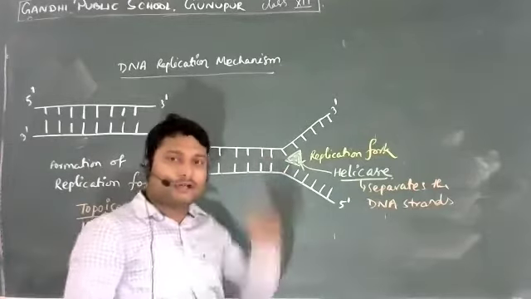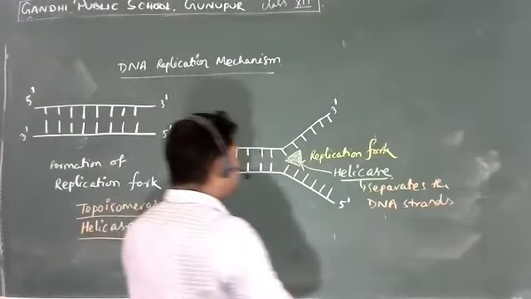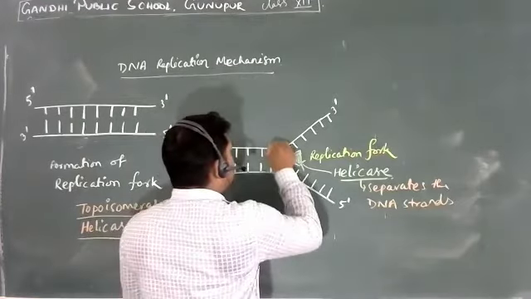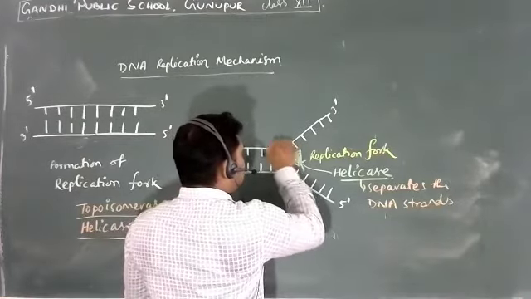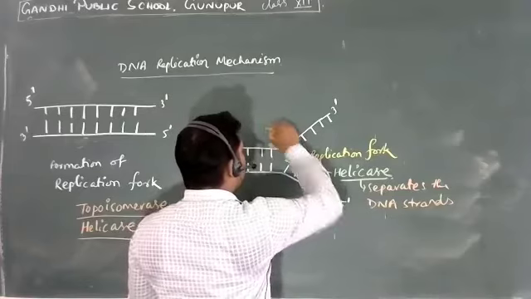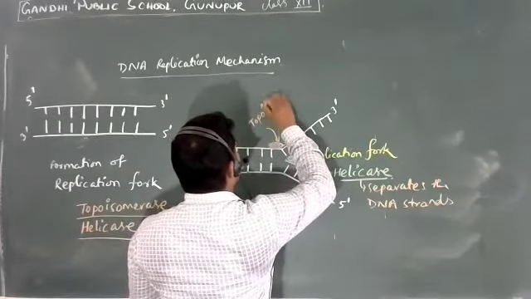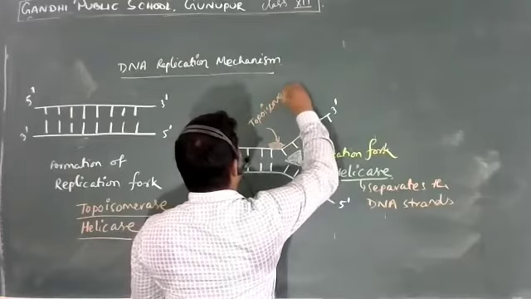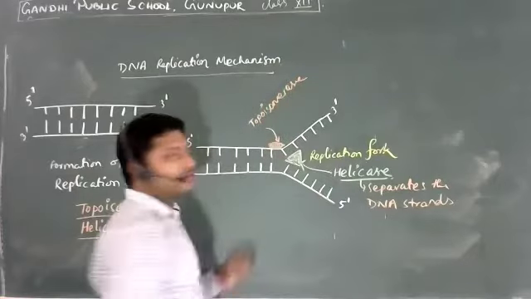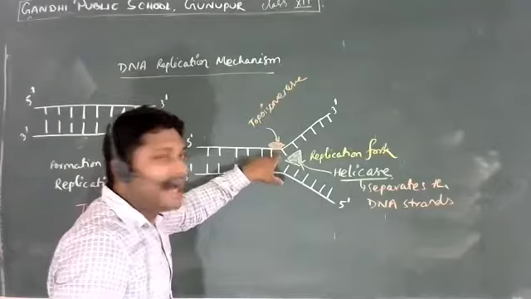To reduce the torsional strain, there is an additional enzyme called topoisomerase. Okay, the topoisomerase acts here.